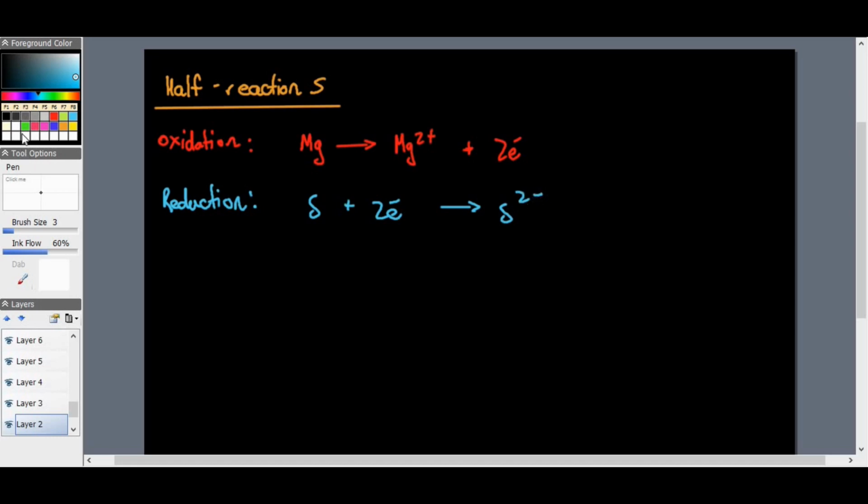Remember, it also had a 0 there. It accepted 2 electrons. Electrons are negative, hence 2 minus, showing that I accepted the electrons, and this is what I have left with. This is my new product after I've accepted the electrons.